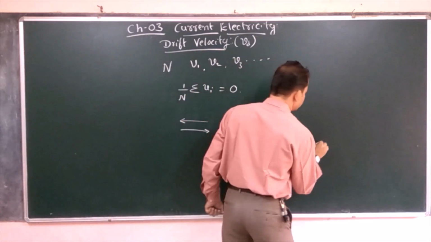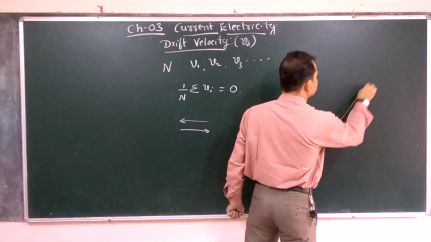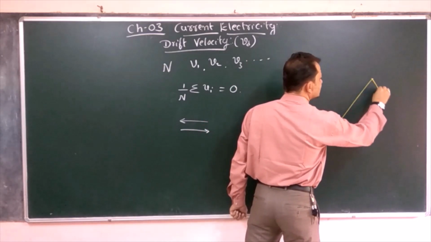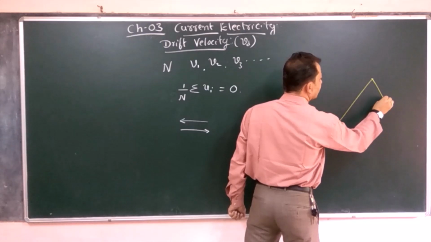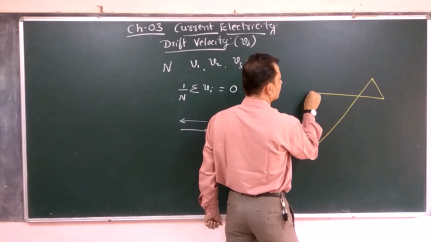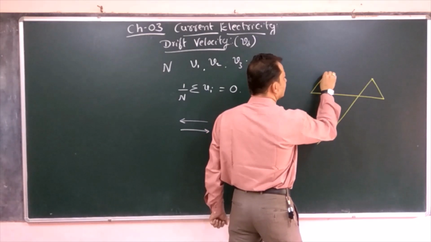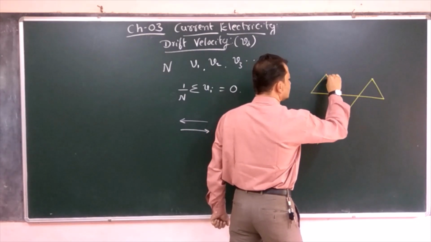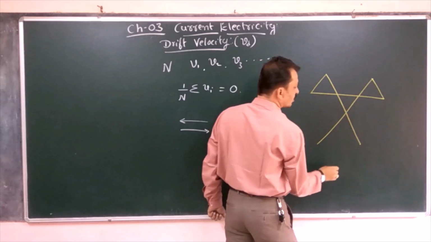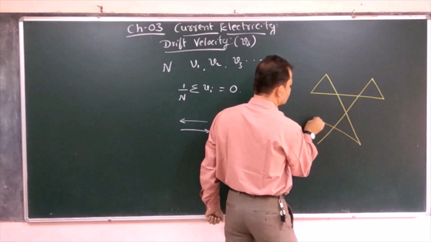Now we can simply assume that it is moving in this direction. It makes a collision here and changes its direction. It collides here and changes its direction again. It's moving like this. Now here it makes a collision and changes its direction.